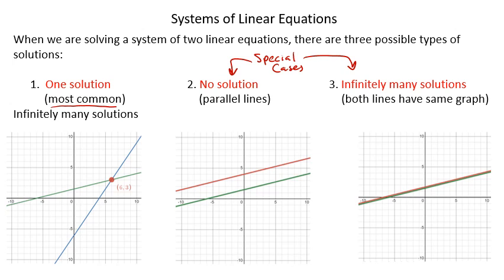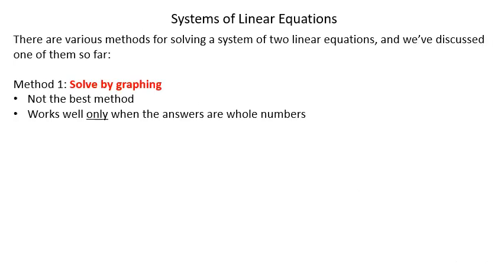Okay, so graphing and looking at the graph, seeing where those two lines cross or intersect each other. I'm not saying intercept, that's something different. Intersect is one method. Solving by graphing is not the best method.